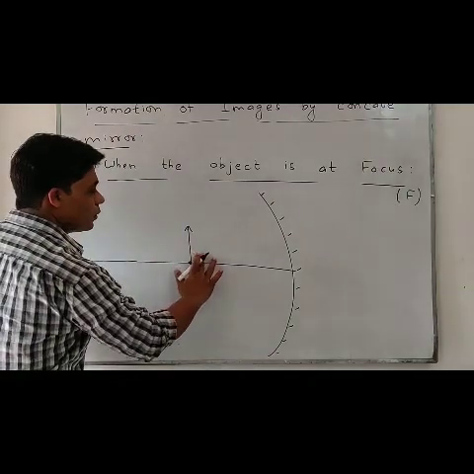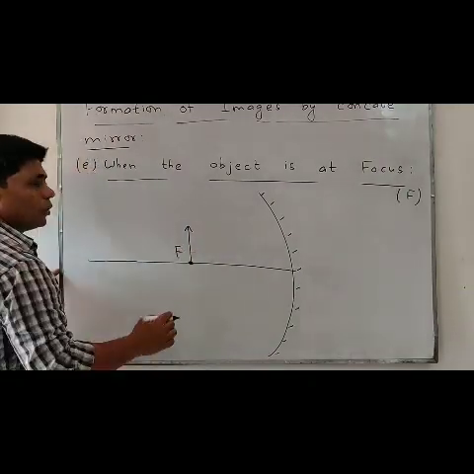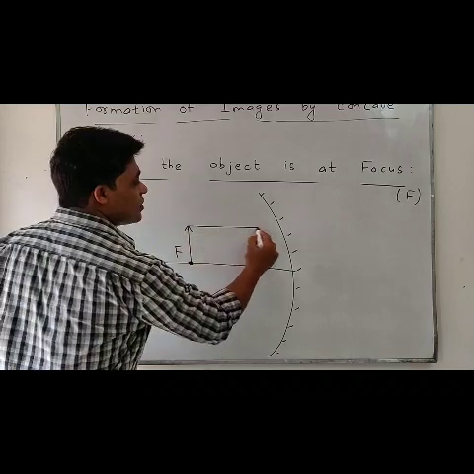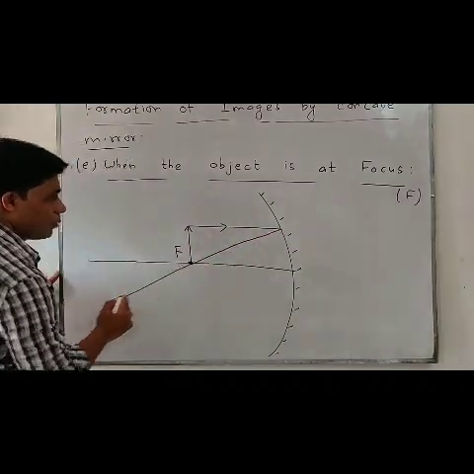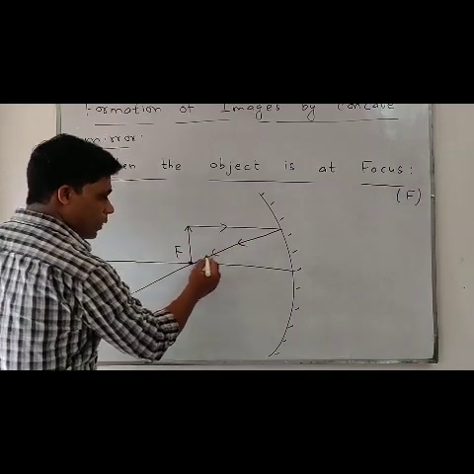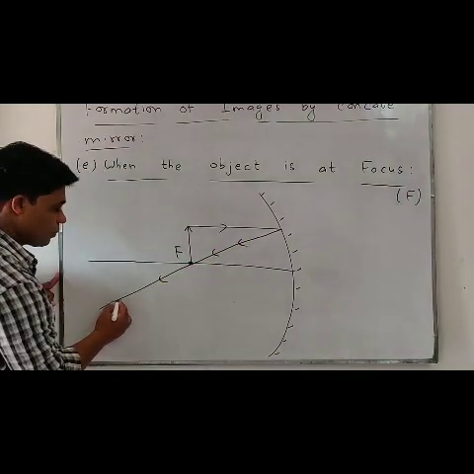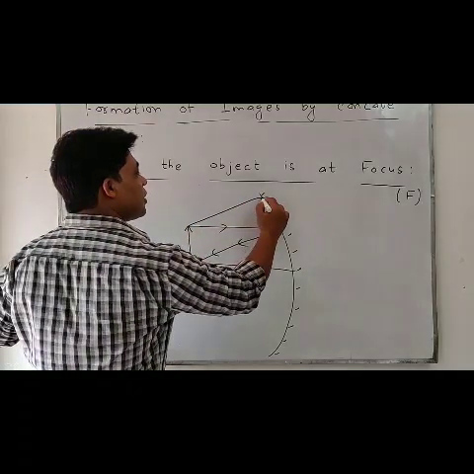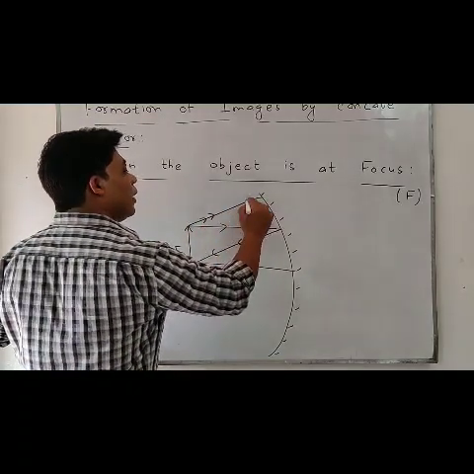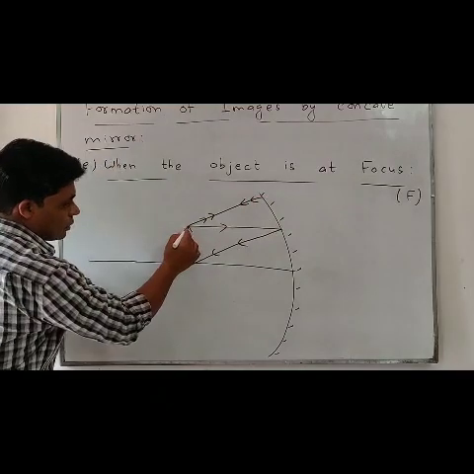Now look, a ray is incident, it gets reflected, and after reflection it will pass through the principal focus, the first light ray. Another light ray is incident, and it will reflect in the same direction.